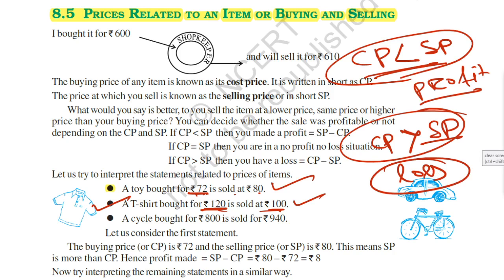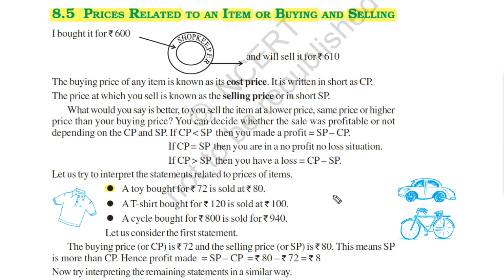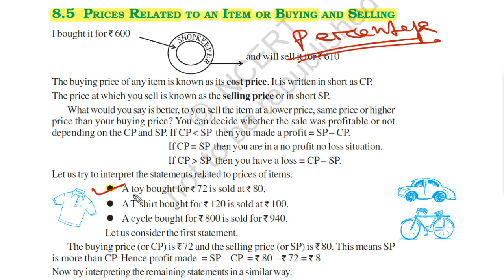Now we will see percentage of loss or percentage of profit. Let's take this example. A toy is bought for 72 and sold for rupees 80.